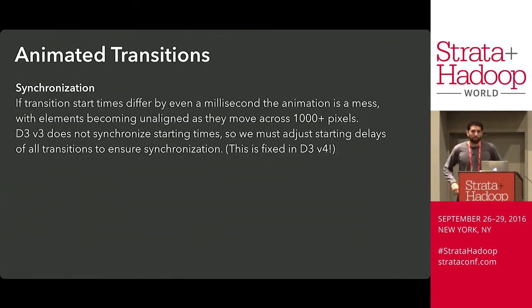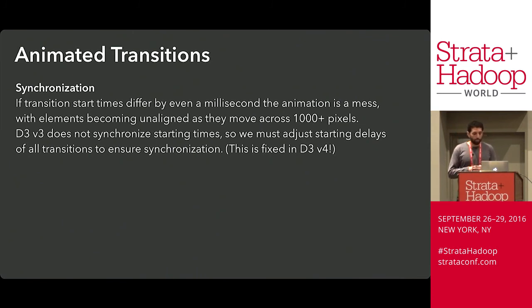Finally, a couple of notes on the transitions you saw when we would filter down the graph. There's a few tricks you need to do to make this seem stable. When you're doing this over large graphs like the one I just showed, there can be thousands of nodes on screen and tens of thousands of edges, and you want stability as that chart is animating.